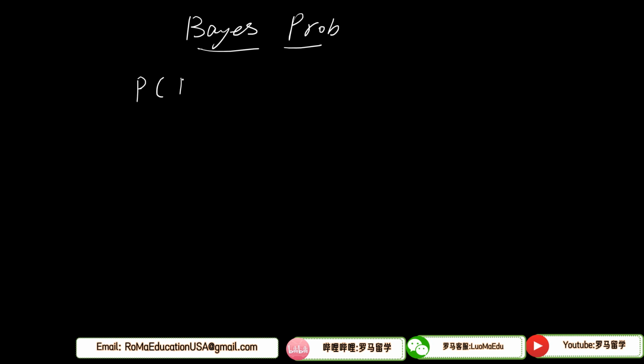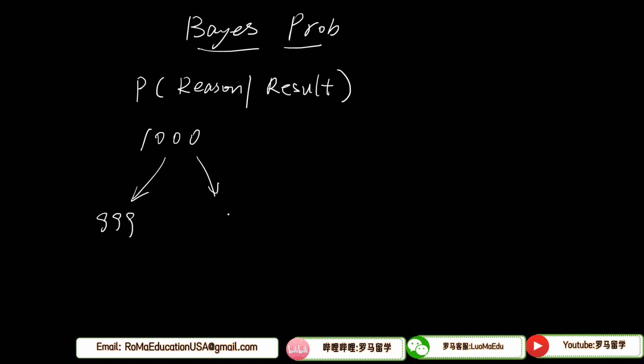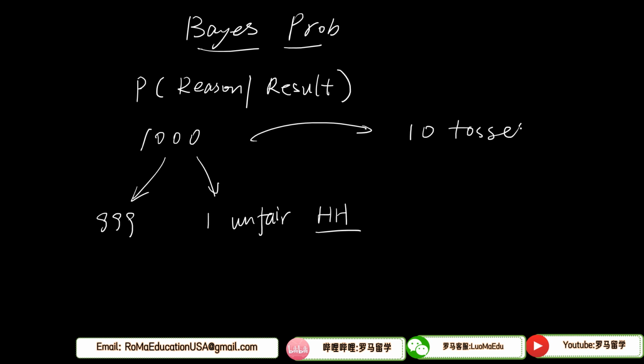The last example is Bayes probability. Bayes probability essentially is based on your result to guess the probability of the reason. What's the reason causing this result? A classical example is that we have 1,000 coins and 1 unfair coin there, which is double-headed, and we randomly pick one and toss it 10 times.